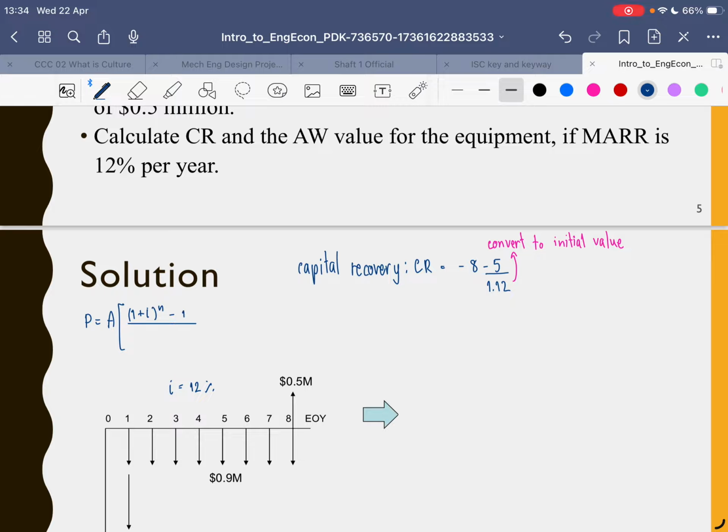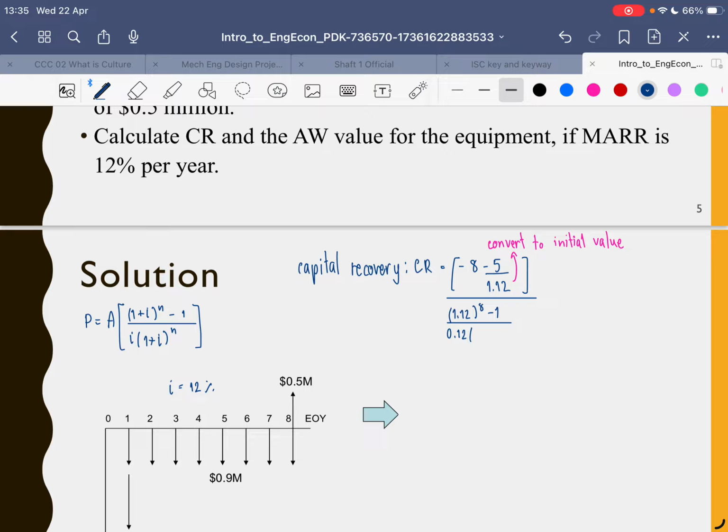I need to convert the present value into the annual value. Therefore, I need to divide it by (1.12^n minus 1) divided by 0.12 times 1.12^n.